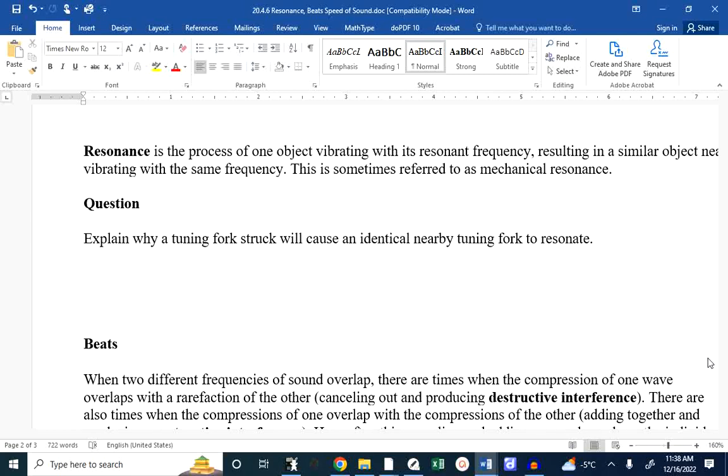You just hear that tone. If they're off a little bit, you hear an increase in volume and a decrease in volume that happens over a long period of time. But as the frequencies get bigger and bigger in terms of their difference, you start to hear that happen more rapidly. And this is what's called a beat frequency.